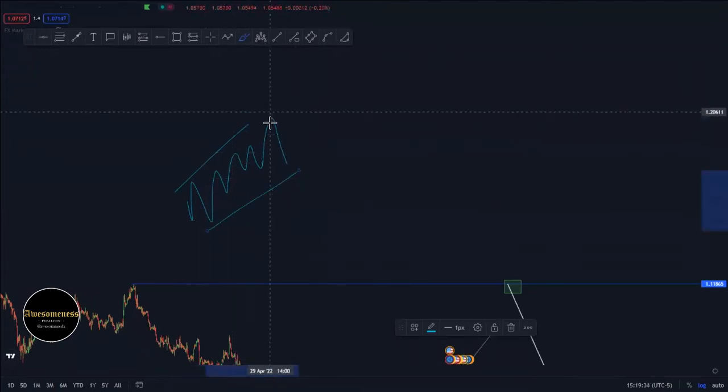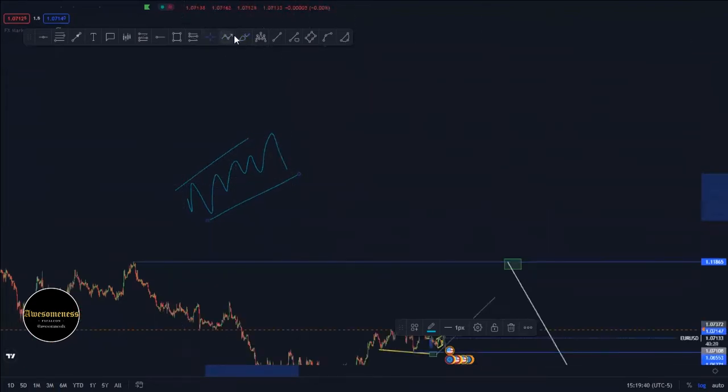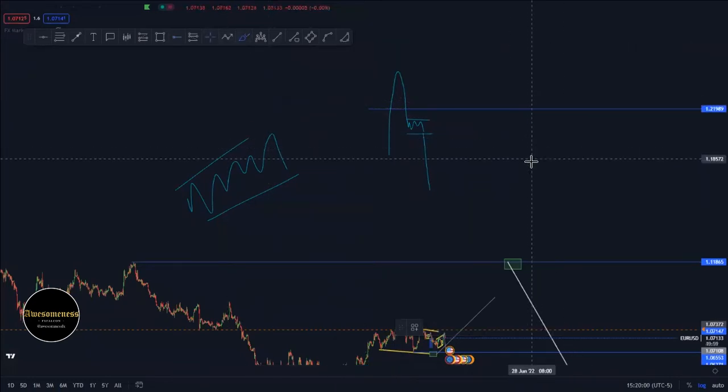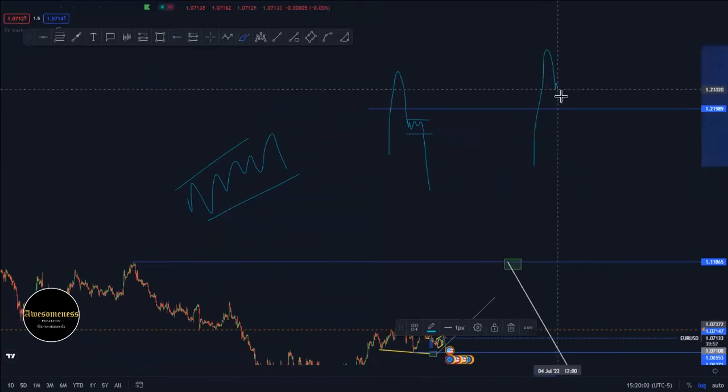Now, how would you get advantage of this particular pair? So we have what we call 15 minutes flag outside structure, something like this, then flag. Okay, let's take this one as inside structure. 15 minutes flag inside structure and 15 minutes flag outside structure.